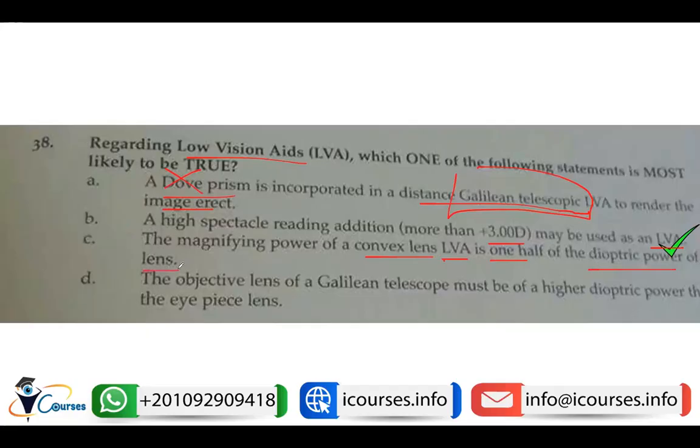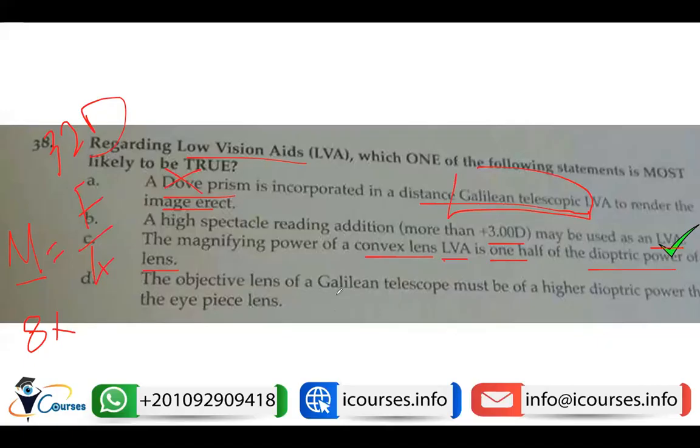We said before that this is not true because the magnification is equal to the power divided by 4. This is the rule of magnification. We said before, if we have a handheld lens or a loupe that has a power of about 32 diopters, then what will be its magnification? It will be 8 times, so it will be 32 divided by 4.